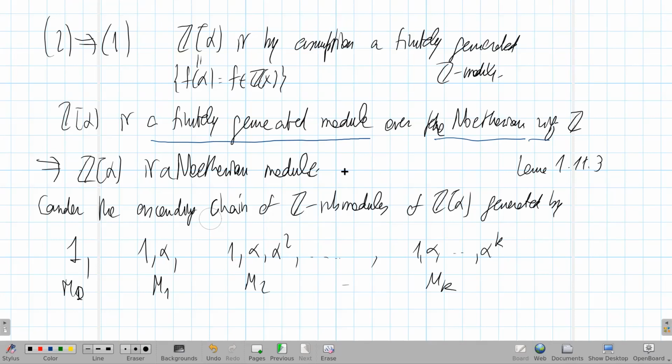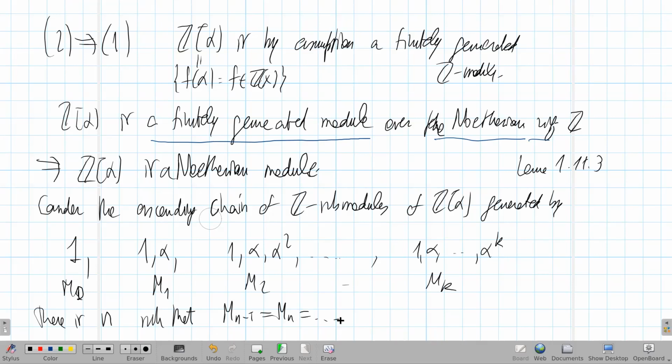Now, this is a Noetherian module, so this ascending chain has to stop. So there is an integer n such that the sequence stops: M_{n-1} equals M_n equals all what follows.